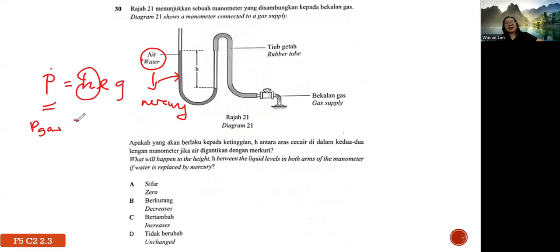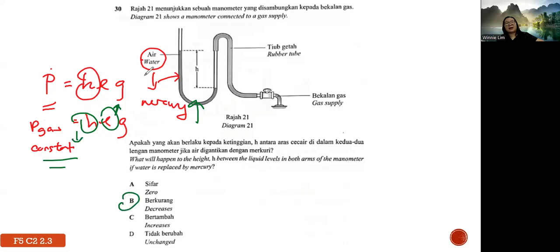The idea here is that your gas pressure is constant, but what changes is the density. Mercury basically has high density. If you have high density, G is also constant. Now what happens to your difference in H so that you will have a constant value of your pressure? It's supposed to be less, so the answer is B.